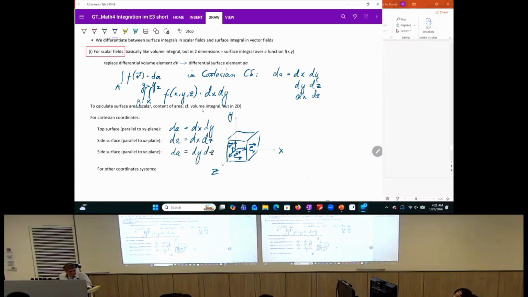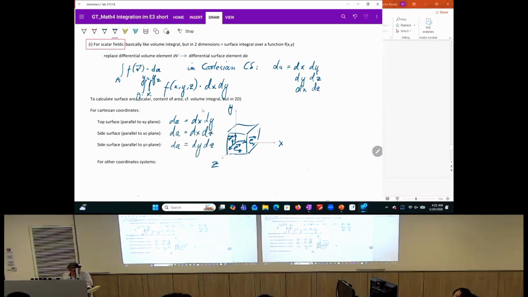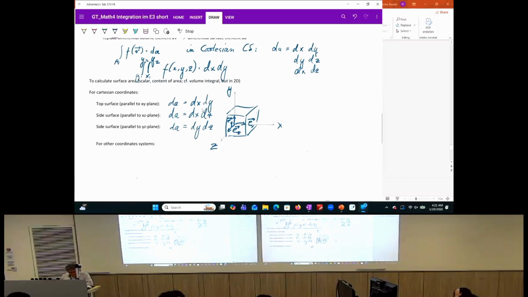And a bit more tricky it is if you are in other coordinate systems. Now it is very easy because the surfaces align with the orientation of the unit vectors. But if that is not the case, it might get a bit more intricate.